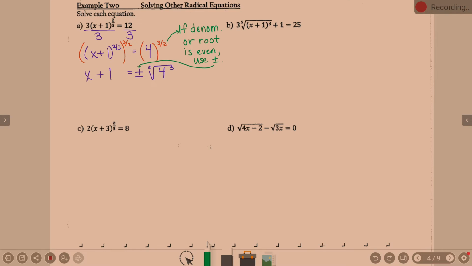And that's the rule right there, okay? So when you raise both sides to some type of even root, in this case it was a square root, we're going to use plus or minus because we just took the square root of both sides. And it just means there's going to be 2 possible answers when we get to the end.